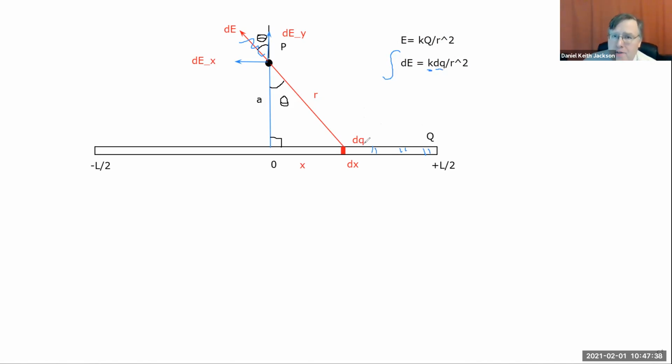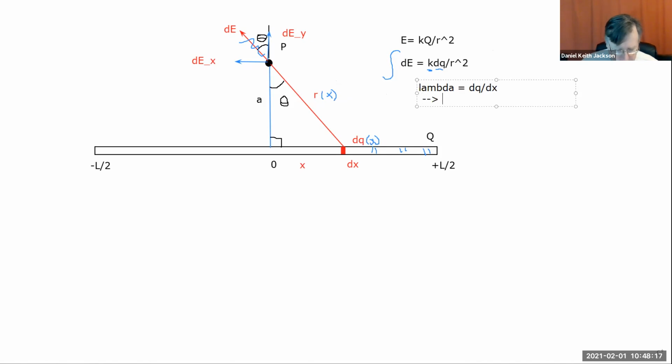But what I want to do is re-express dQ as a function of X. I want to turn dQ into a function of X, and I also want to turn R into a function of X. That way I can then integrate over X and with that, solve for these elements. So what I need to do is recognize that lambda is equal to dQ over dx.